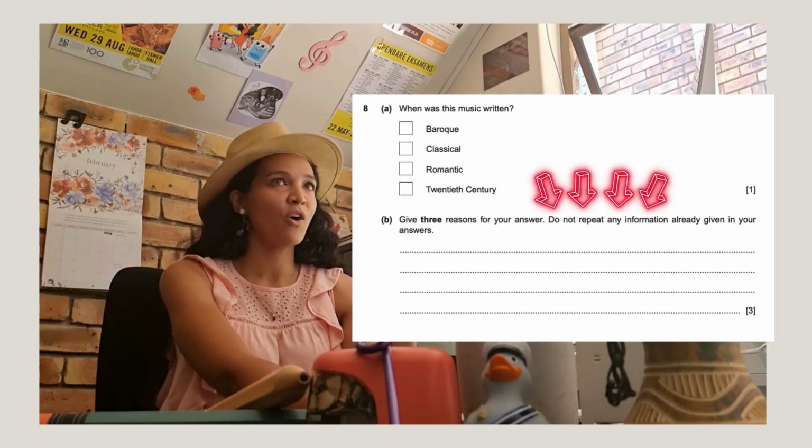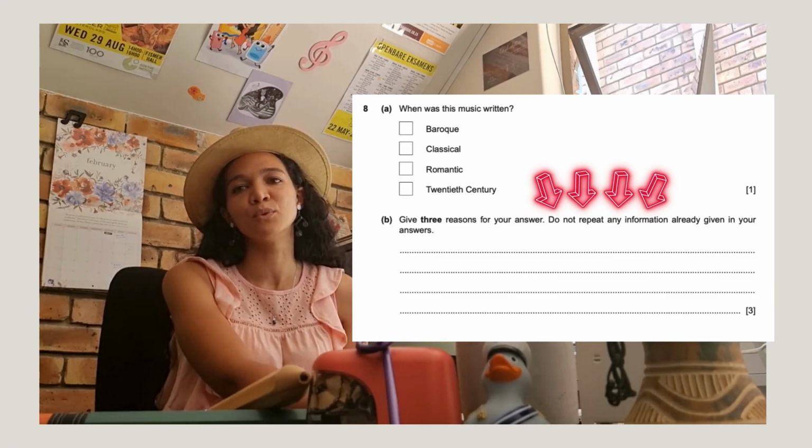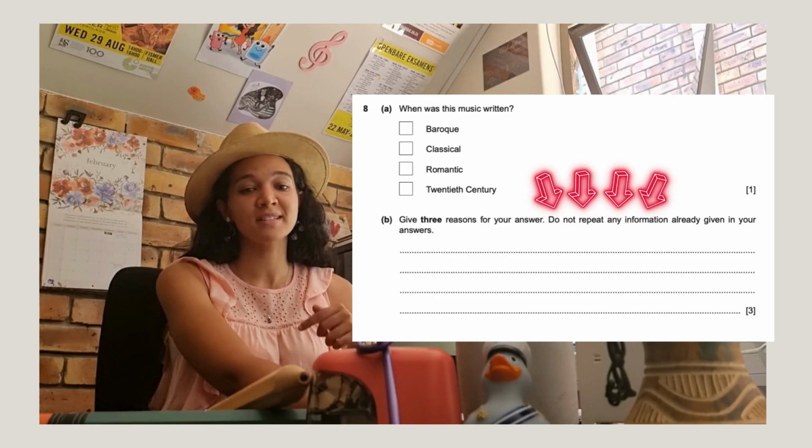So because our answer previously in this section already had to do with harpsichord, we cannot repeat that as a reason for why this is a Baroque piece now. So we have to rely on our general knowledge about Baroque music here, as well as listen closely and carefully and hear if you can put what you're hearing together with your general knowledge. And also if you did forget everything about Baroque music, just listen and try to describe what you're hearing. And then logically make it a reason for why this is a Baroque piece.